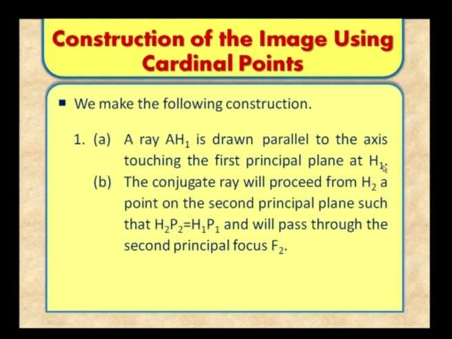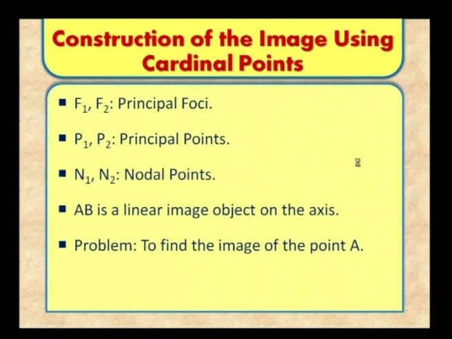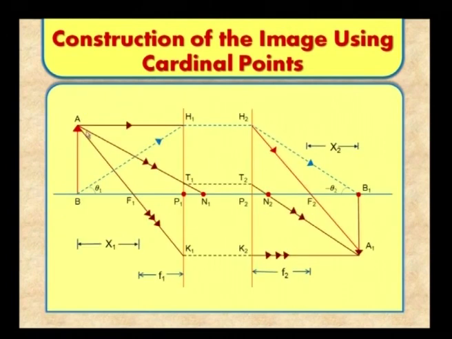So, a ray AH1 is drawn parallel to the axis touching the first principal plane at H1. So, where is AH1? AH1 is the light ray coming from the point A of the object, in the object space, this is the so-called object space, this is the image space. So, from the object space, from the point A, light ray is coming to AH1, H1 is what?